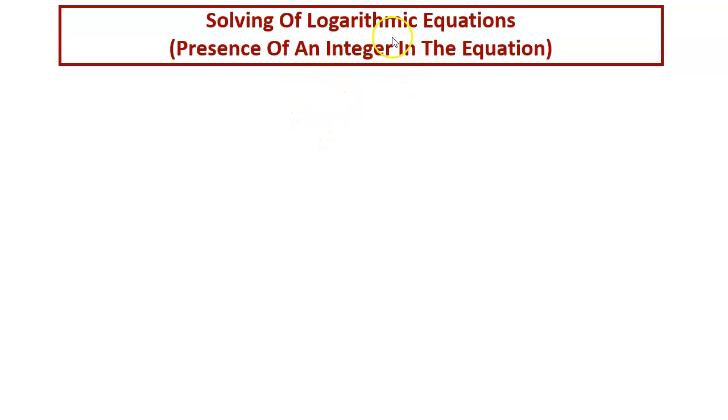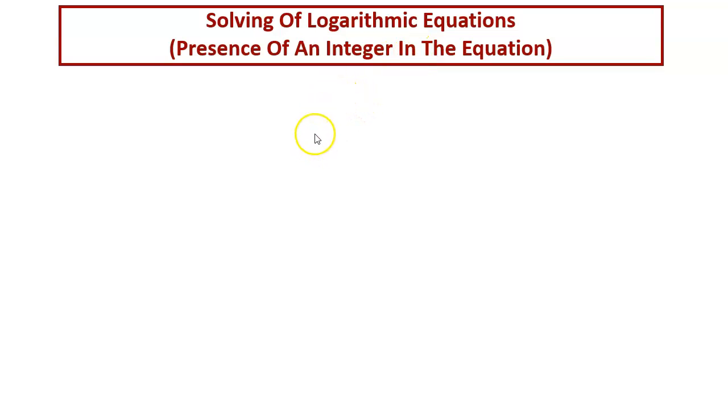How to solve a logarithmic equation when there is an integer? I have written presence of an integer, but there may be multiple integers present in the given equation. Since it is a logarithmic equation, there will be logarithmic terms, of course. But along with the logarithmic terms, there will be an integer or multiple integers present in the equation.